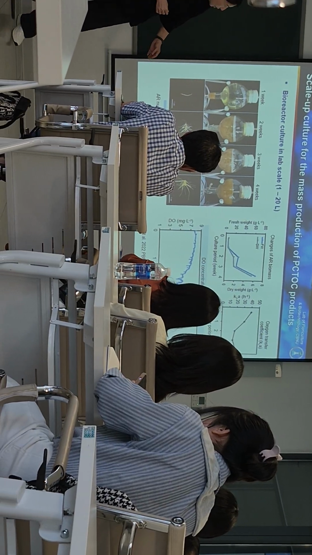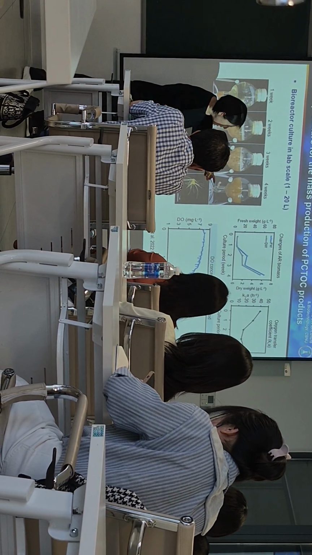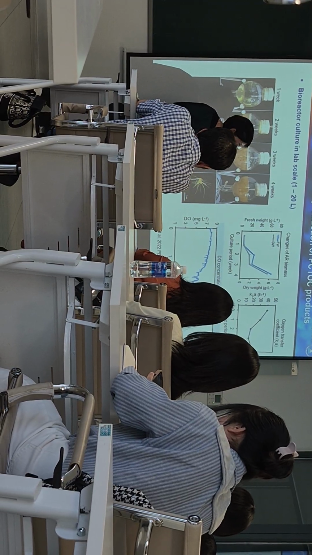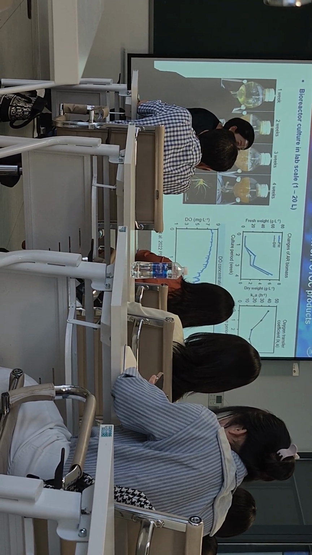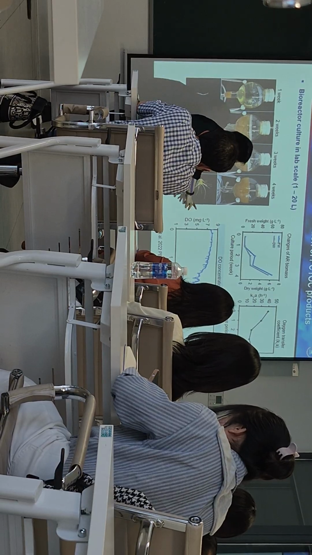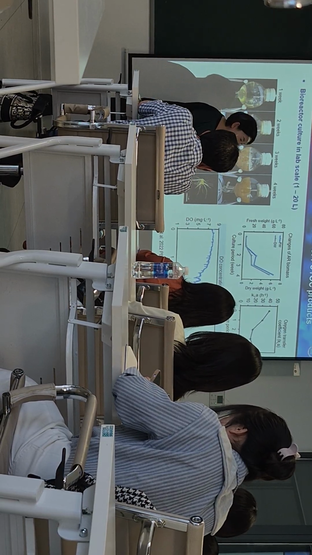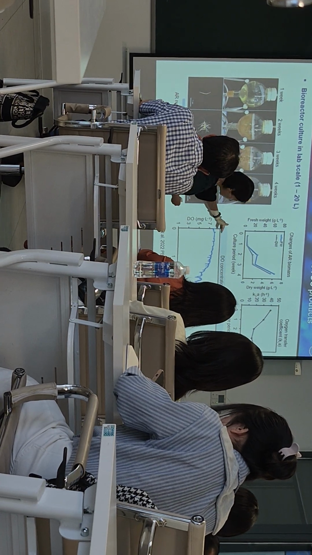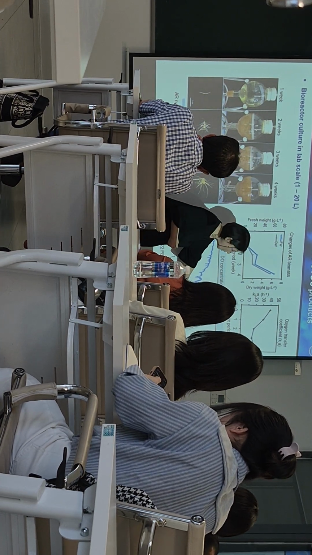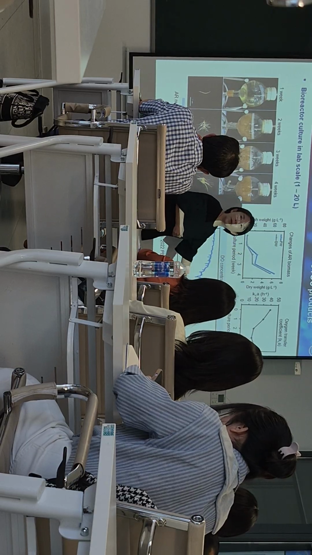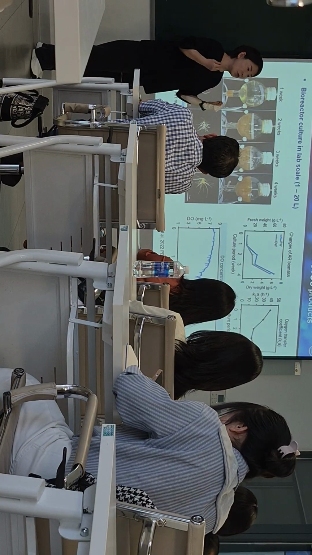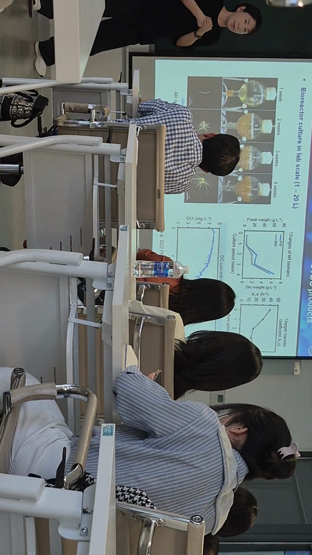This is the dissolved oxygen, how the curve changed during the culture system from 0 to 4 weeks. At first the dissolved oxygen was high, but after 1 week, 2 weeks, the third week, it goes down because they grow a lot inside, so they use a lot of oxygen maybe.